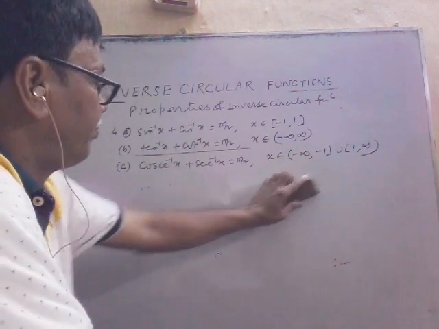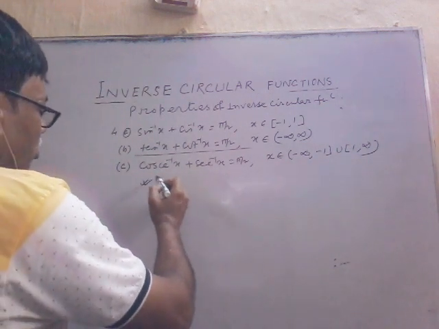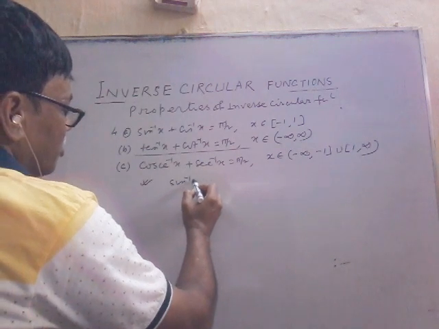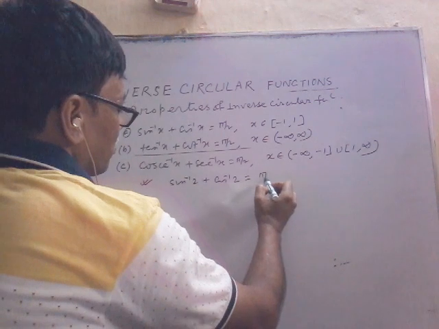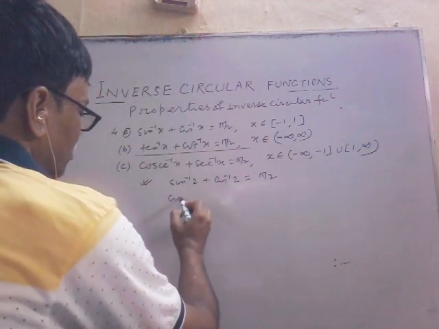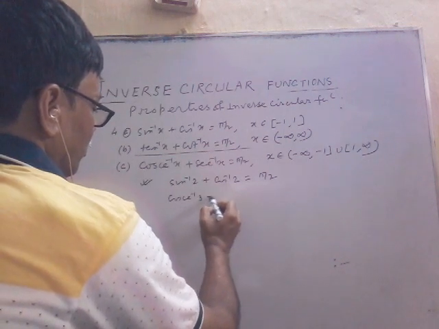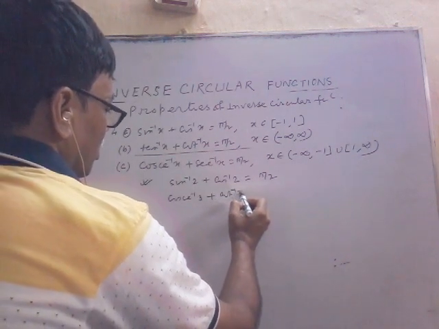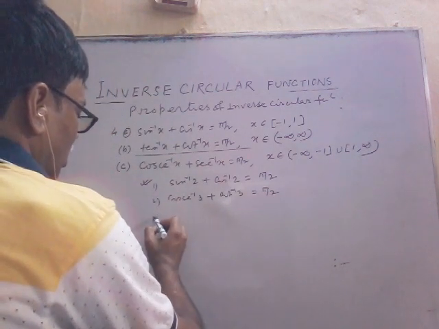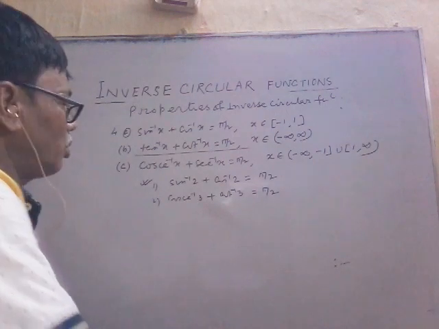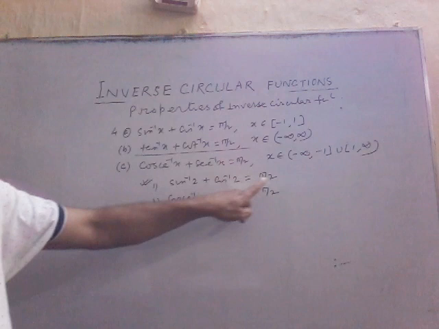Number 2, state which of the following results are true. So look, sine inverse x plus cos inverse x equals pi by 2.